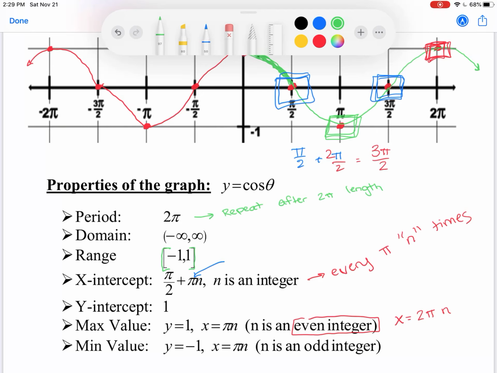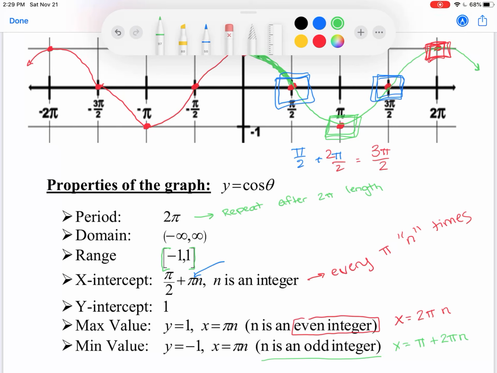Similarly, for the second piece, for your minimum value, I would say your minimum value is when y equals -1, and that will occur, if you take a look at your first minimum value, at pi. It's going to occur at pi, and then from there it will occur every 2 pi after that.